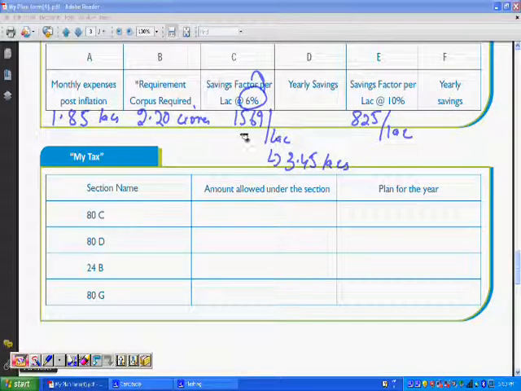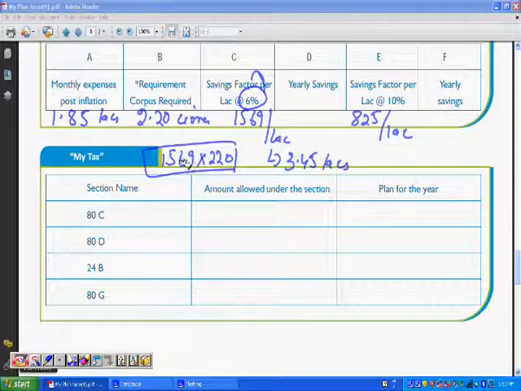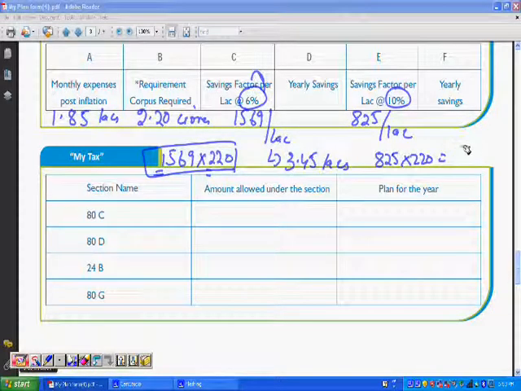What we've just done is we multiplied 1569 into 220, right? Because this is per lakh and 220 is what we multiply. So we'll get 3.45 lakhs from today. And if your investments are generating 10%, then what you need to do is 825 into 220, which would be 1.81 lakhs, right?